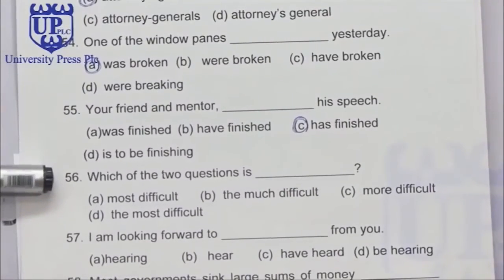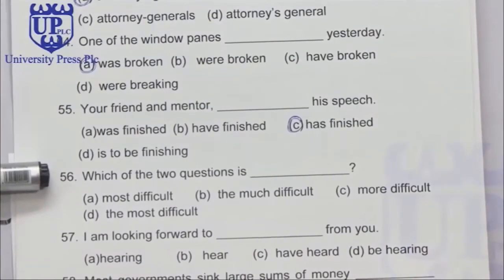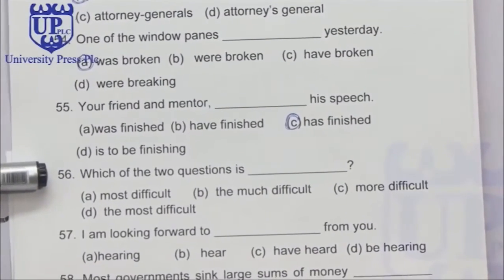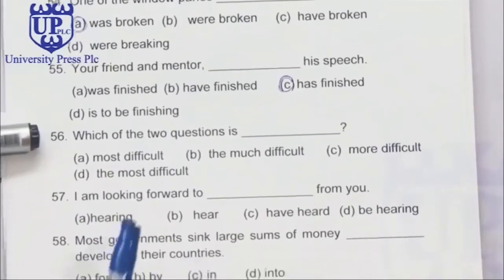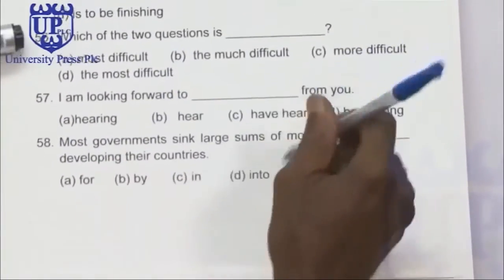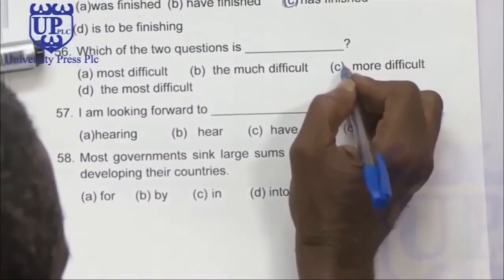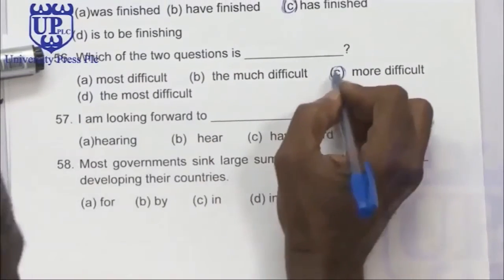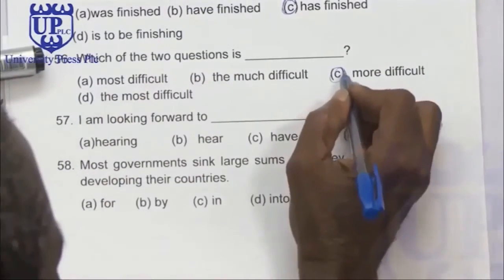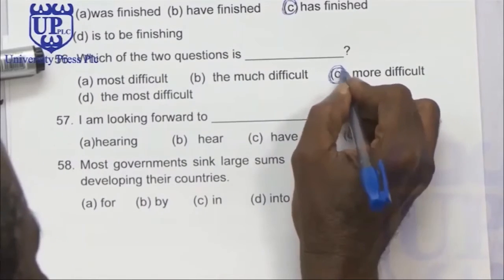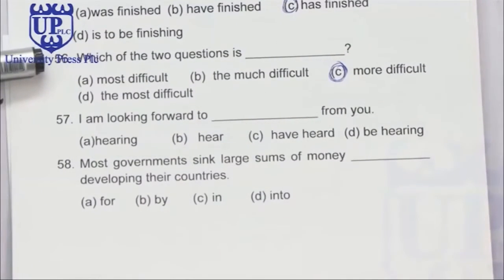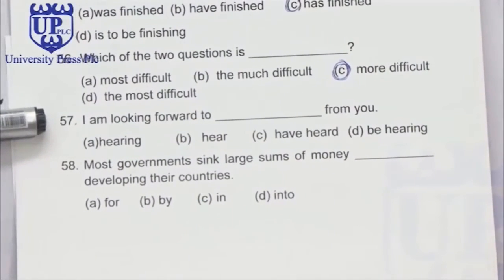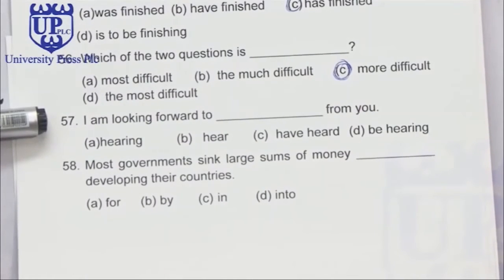Then number 56, which of the two questions is dash? Now because of the fact that it is two, it cannot be any other thing except more difficult. More. If it's three, then most will come in, but it is two. Which of the two questions is more difficult? Now, number 57, I'm looking forward to dash from you.